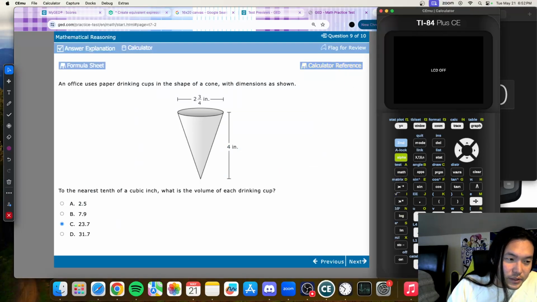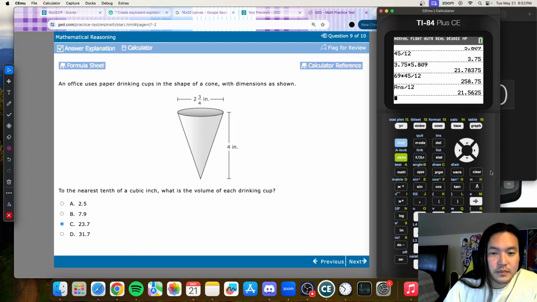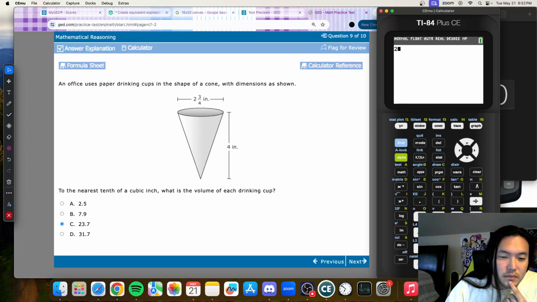Why is my calculator showing C? So this is the radius squared, times pi, times 4.